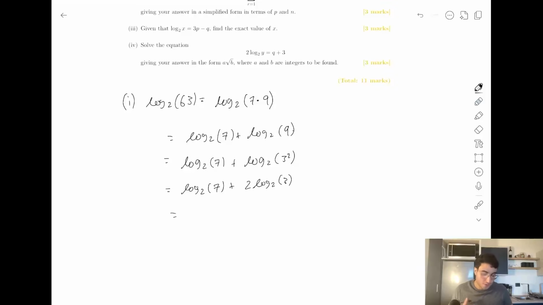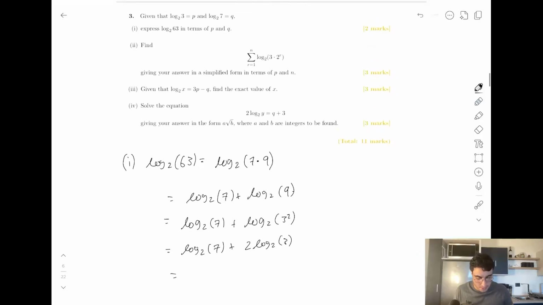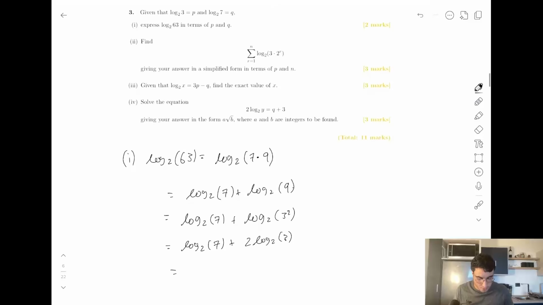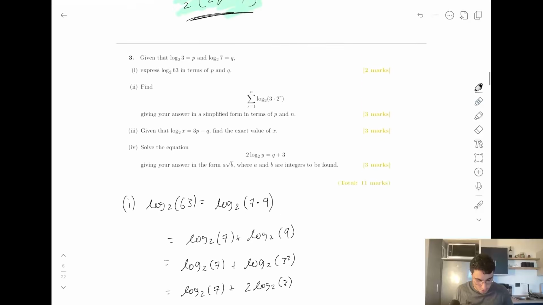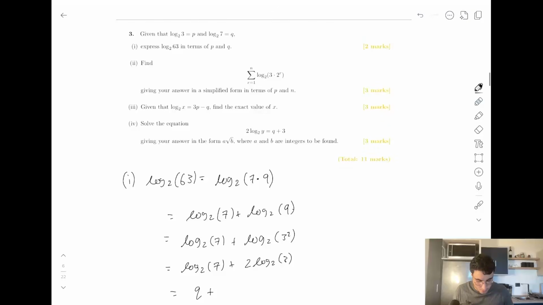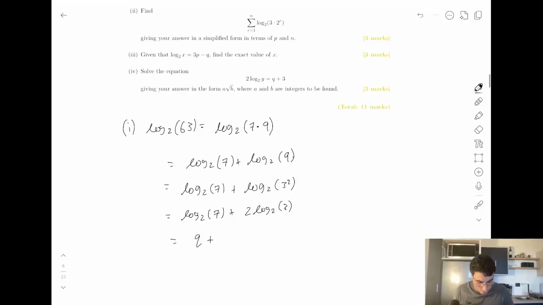So therefore what we get, guys, is log 2 of 7 is q, plus 2 log 2 of 3, so we get 2p here. That's the final answer there. Not much really to go through there, guys. Pretty simple and pretty easy as well.